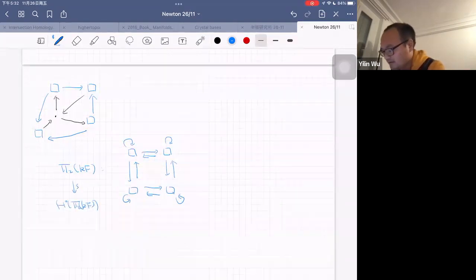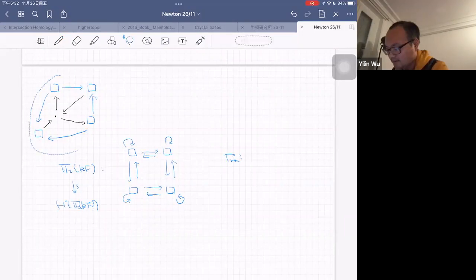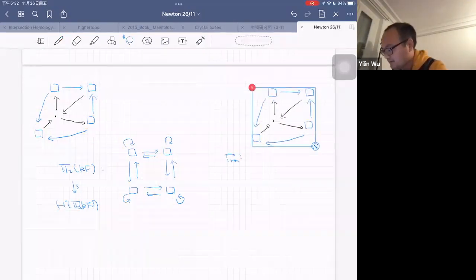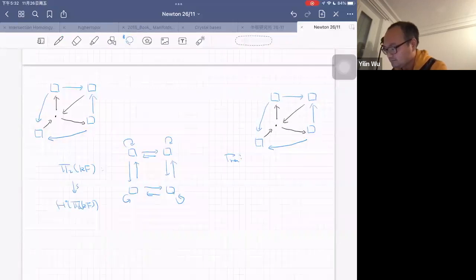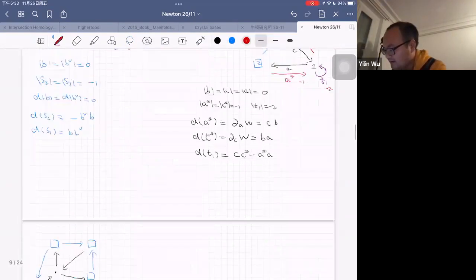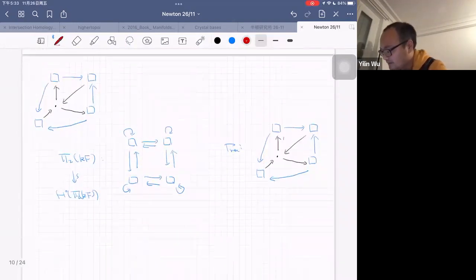And we also have this relative Ginzburg algebra. For each unfrozen arrow, we add an opposite arrow of degree -1.